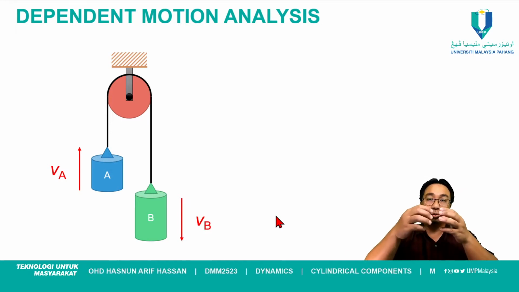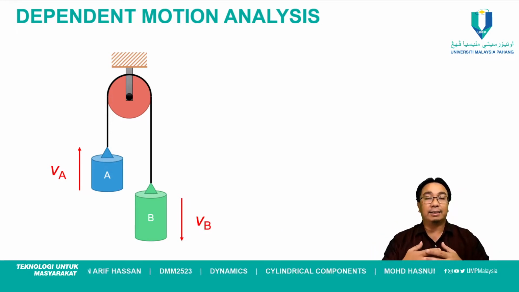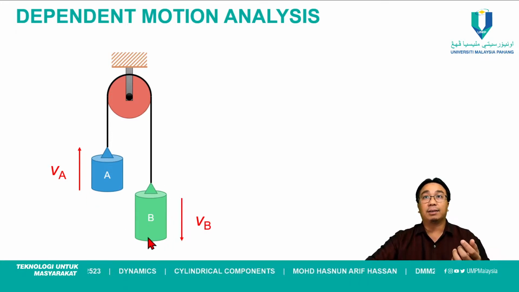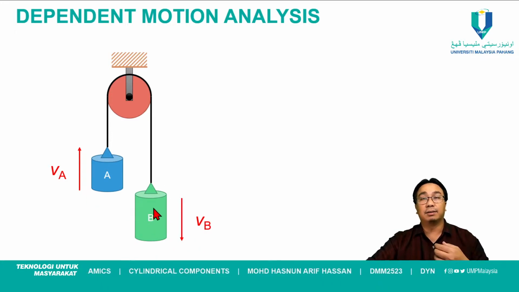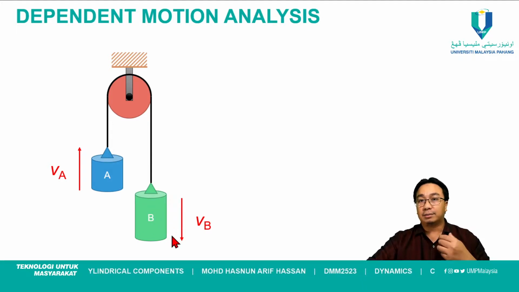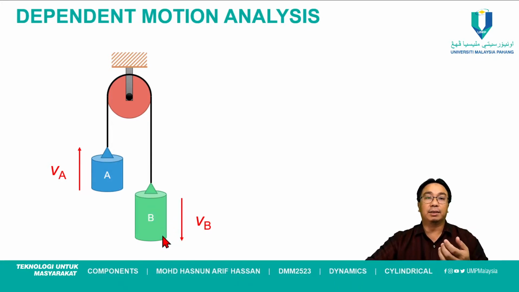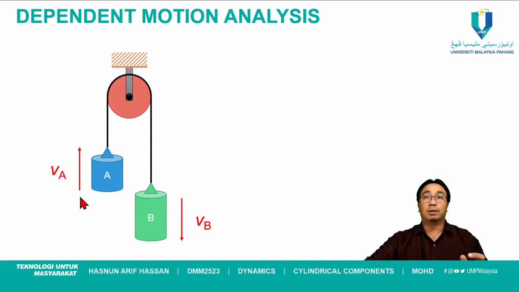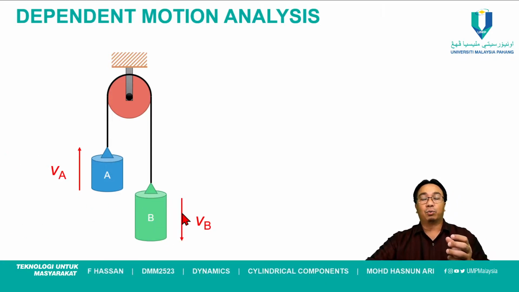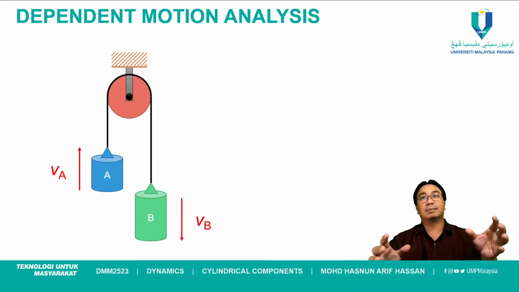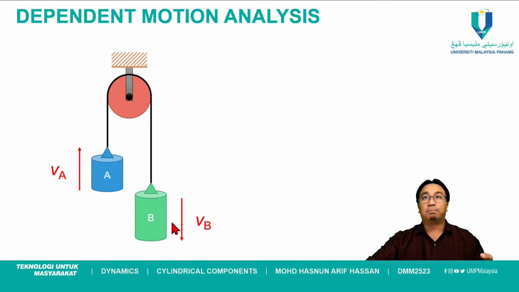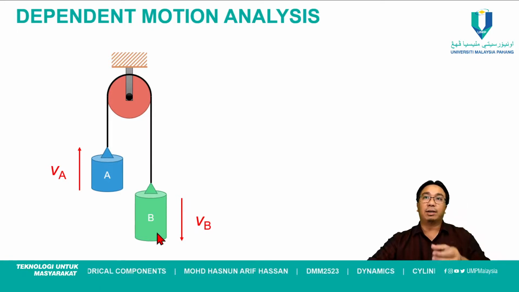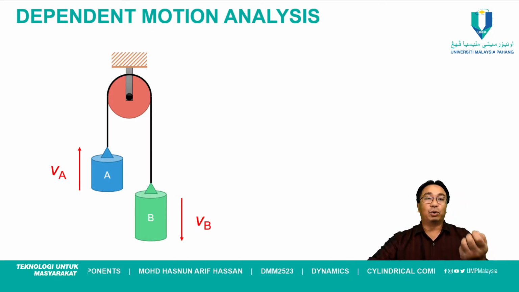Point B akan turun ke bawah because it has larger mass than point A due to the size lah. If we assume it that way, the mass of B is larger than A, so it means that when we release these two objects, object B will travel down and object A will travel up.